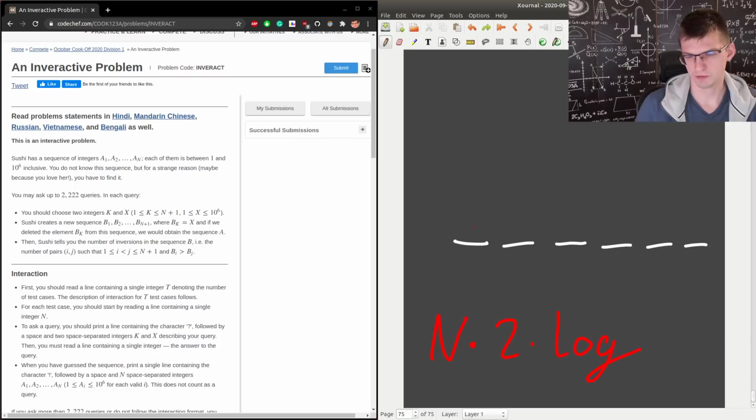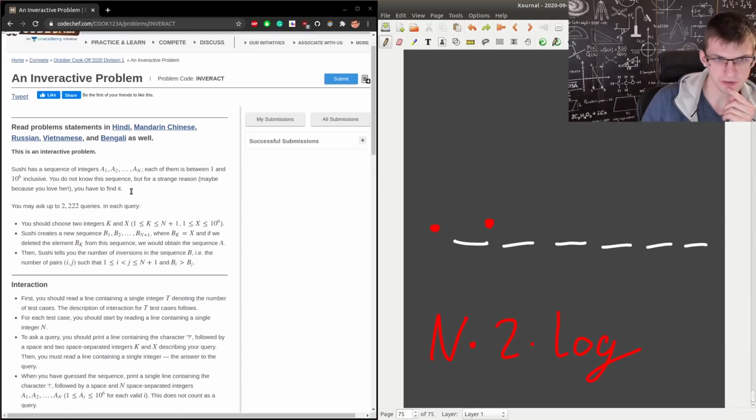Oh, so when I have this first number, if I put some value here, and I put it there, the number of inversions will jump by 1. I can binary search this in twice the logarithm by asking still every time about this and that. This is 4,000 queries.